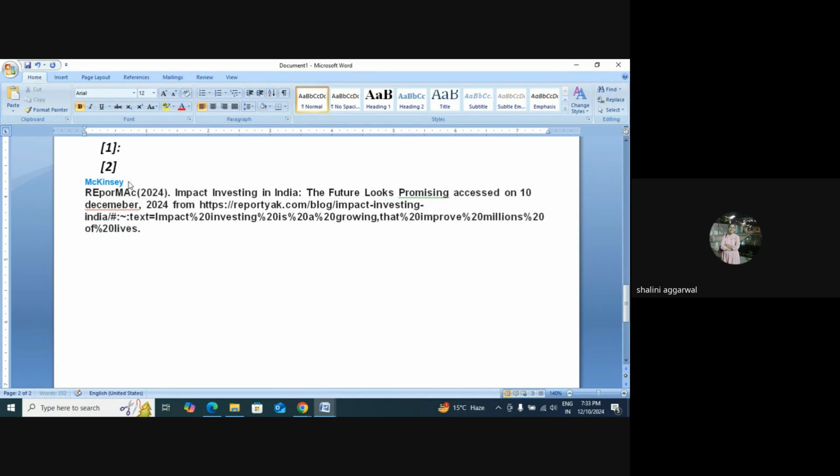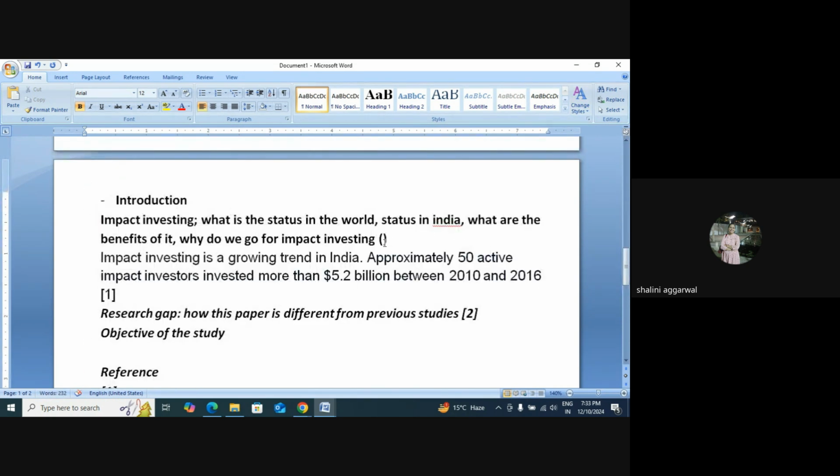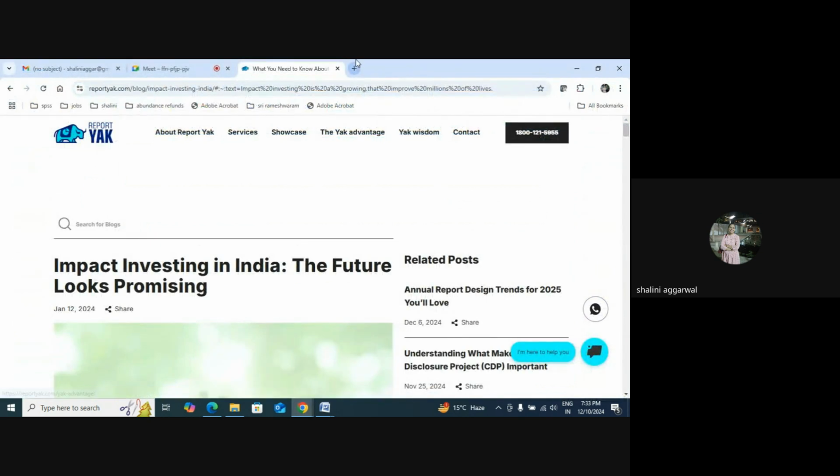Is it clear? And in the in-text citation, what do you write here? In-text citation, you have to write either Mackenzie 2024 like this, and in the reference, what comes? Like this. Let me tell you one thing, there is an APA style.